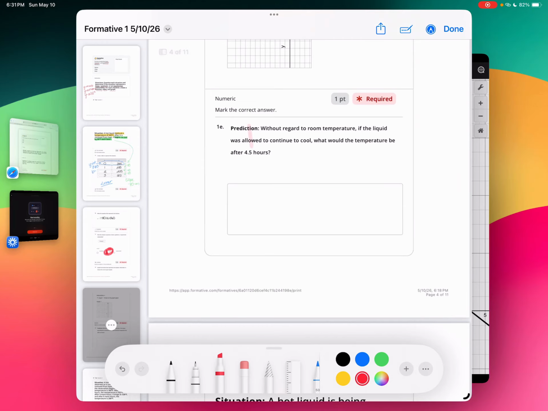Now the prediction: without regard to room temperature, if the liquid was allowed to continue to cool, what would the temperature be after 4.5 hours? Hours would be your x value. Temperature would be your y value. So you could plug it in: y equals negative 80 times 4.5 plus 360.